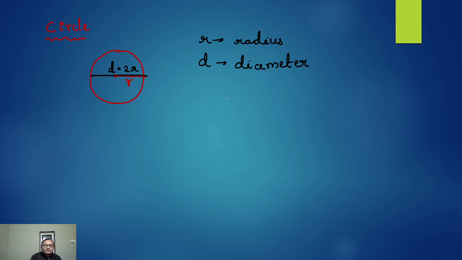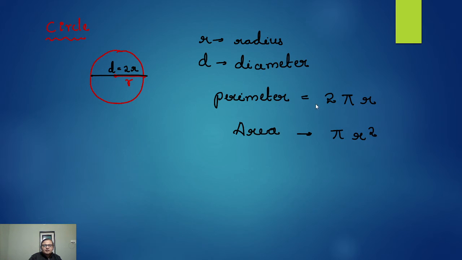Now the perimeter of the circle, the formula of perimeter is 2 pi r, and the area of a circle is pi r square. In the next slide we'll do the semicircle also.